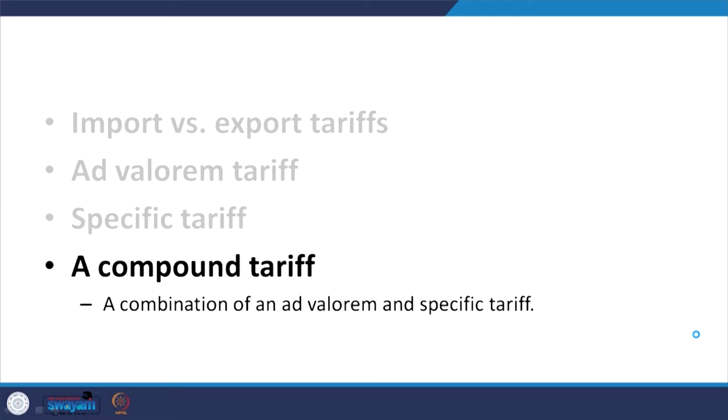But the important one in this regard is the compound tariff, where many of the tariff lines are composed of fixed as well as ad valorem components. So, there are different kinds of structures in tariff, and those three are broadly discussed in different theories of tariffs.